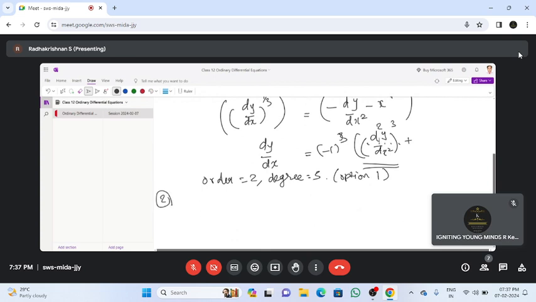Let's move to problem number 2. Problem number 2. The differential equation, Santosh and Tino. Yeah, Tino, you came later, right? So please open your book. Exercise 10.9.